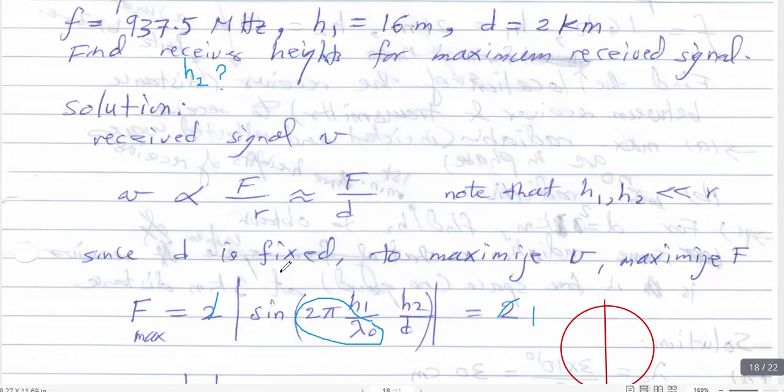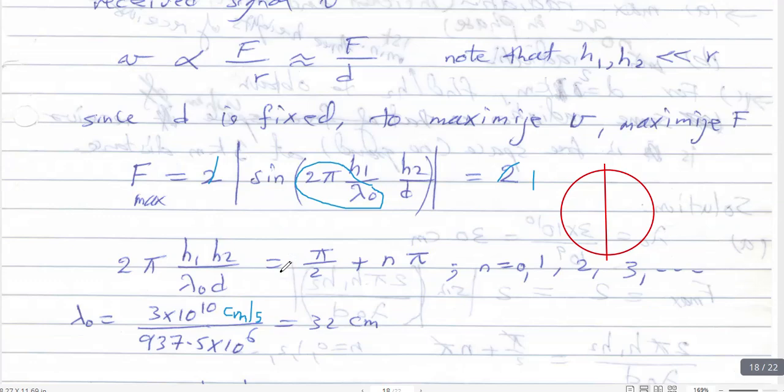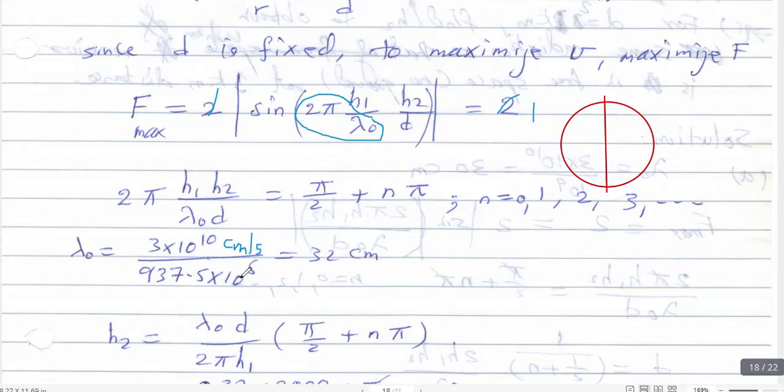The frequency is 935 megahertz. Mega is 10 to the 6. Hertz is per second, so per second cancels with per second, and you will end up with a 32 centimeter wavelength.